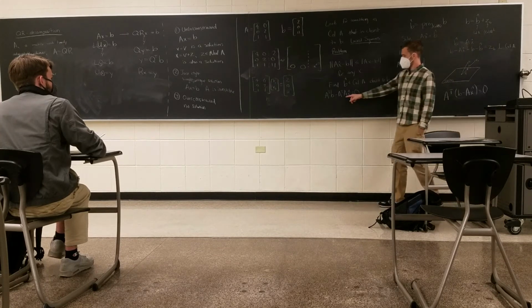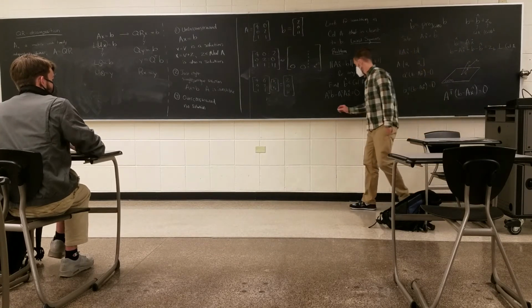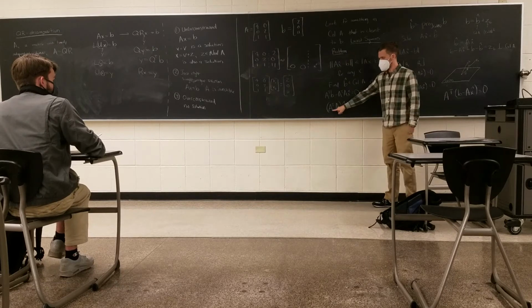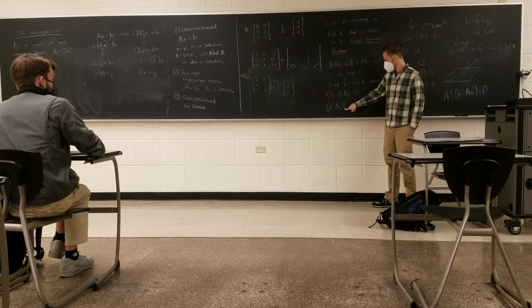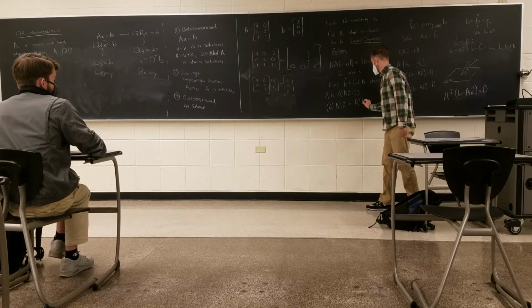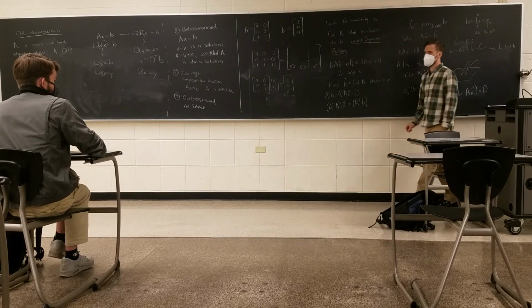And then I just move it over to the other side. And what I get is this new matrix A transpose A times x hat equals this new vector A transpose b.